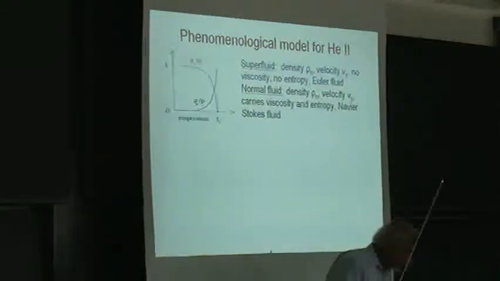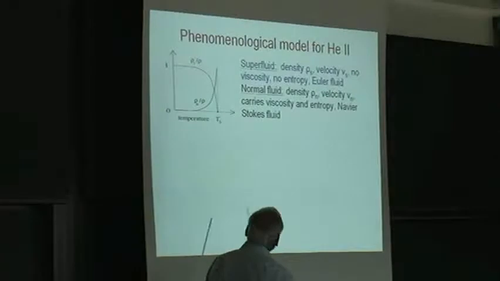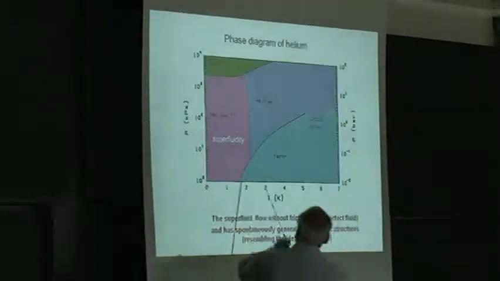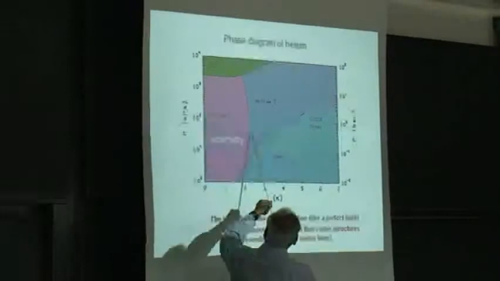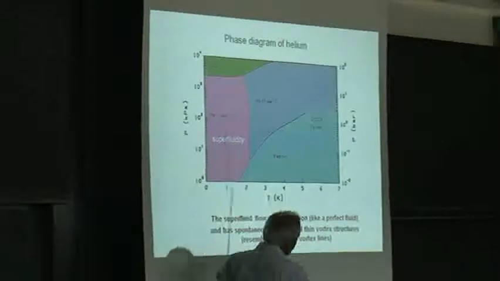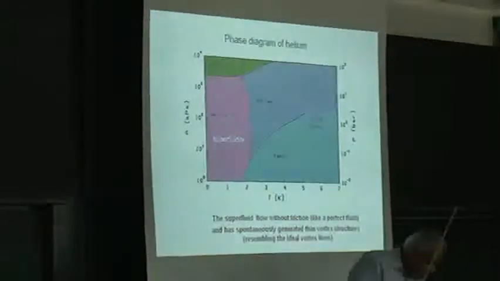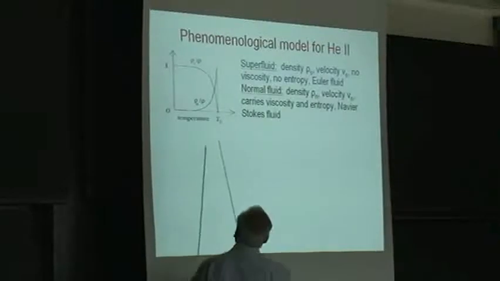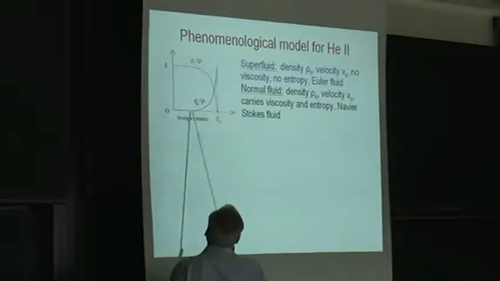Let me maybe do this as well. If you remember this phase diagram, this is called the lambda line. Below the lambda line is where superfluidity exists. What I am plotting here is the temperature below the lambda line, or the lambda point.